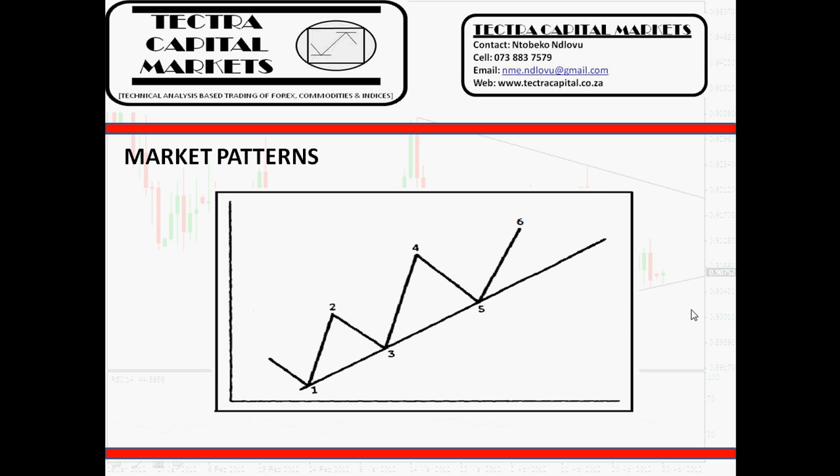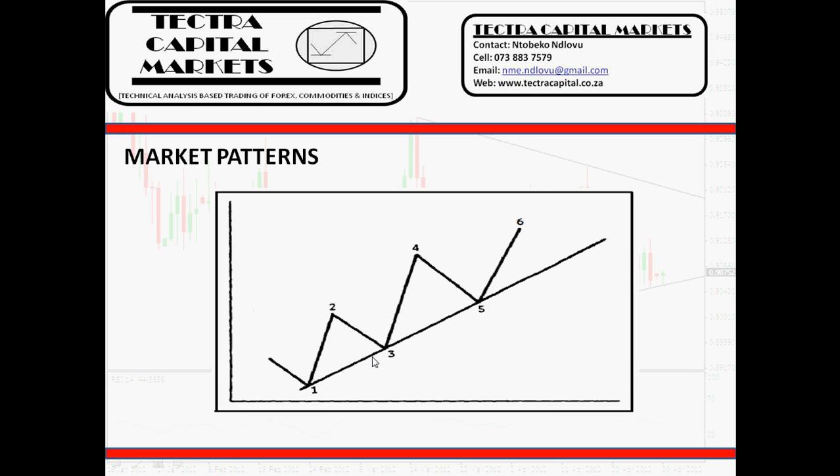The pattern you're looking at in front of you now is a pattern of an uptrend. So you can see that's the y-axis, which represents price, and that's the x-axis, which represents time. As time goes by, the price is increasing, and so it's an uptrend. But you will notice that this trend is moving in a very specific pattern.